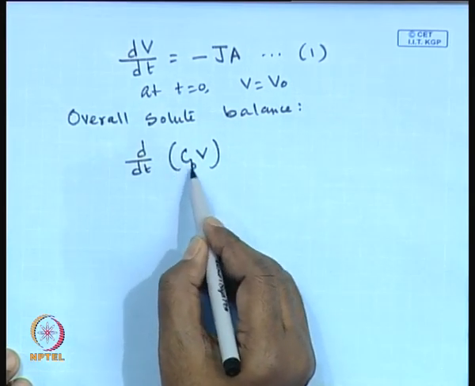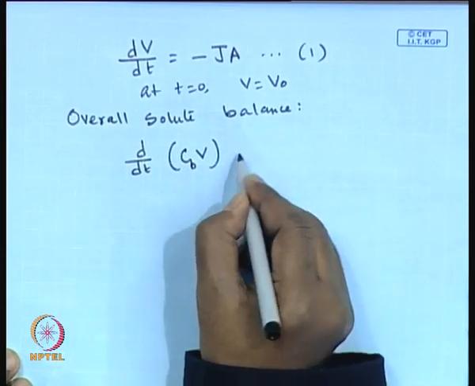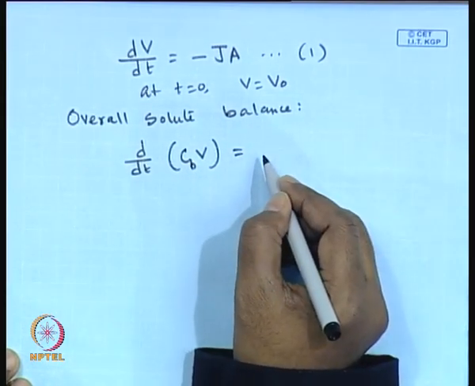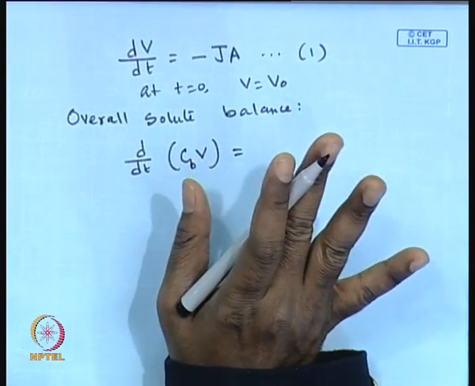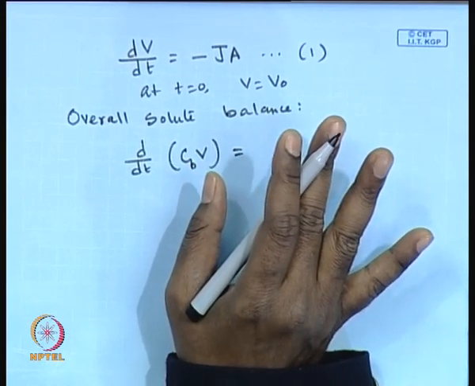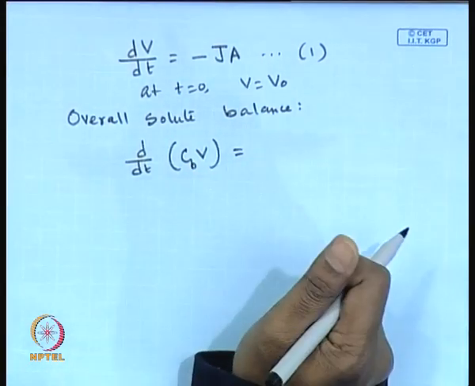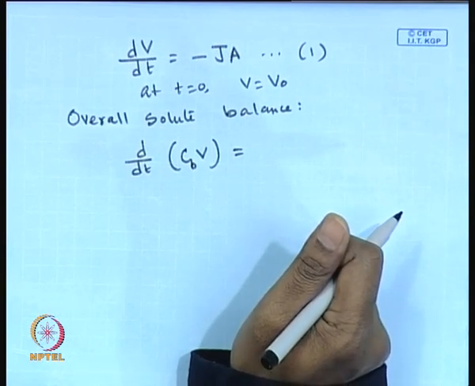So, it is the amount of the particular solute present in the system, is equal to nothing going into the system, minus nothing going out of the system, because since it is gel layer controlled filtration, the permeate concentration will be equal to 0. So, there is no solute going out in the permeate stream.